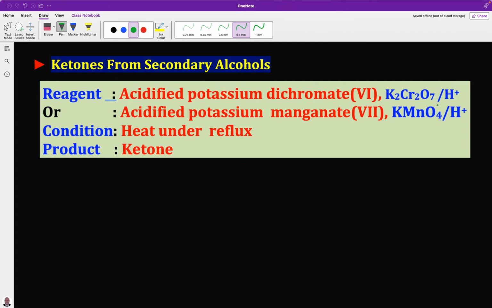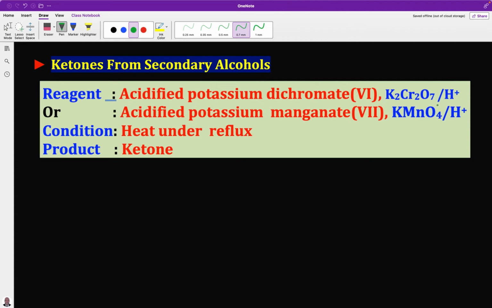Heating a secondary alcohol with acidified potassium dichromate 6 or acidified potassium manganate 7 solution under reflux will oxidize the secondary alcohol to a ketone.